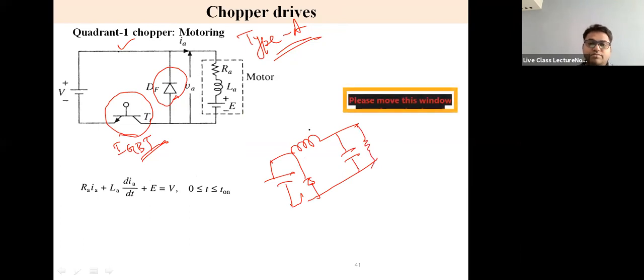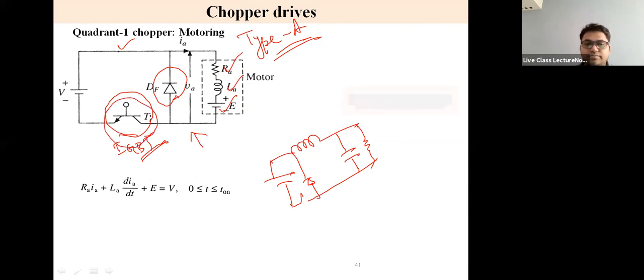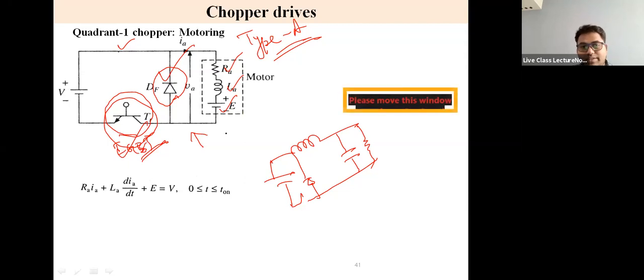But now we have the complete motor as an RLE load. This is the R, L, and E load. We may or may not attach a capacitor also, that is up to us. But the essence is that for the implementation of this circuit, only 2 devices are required: one is this IGBT, and one is the diode. So it is very, very simple to implement here, right? All the RLE is already embedded in the motor.